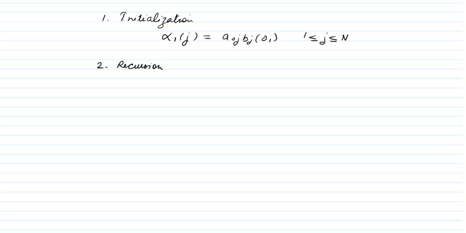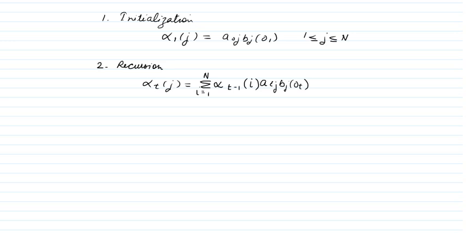In recursion we write alpha_t(j) equal to the summation over i equal to 1 to n of alpha_{t-1}(i) a_ij b_j(o_t).